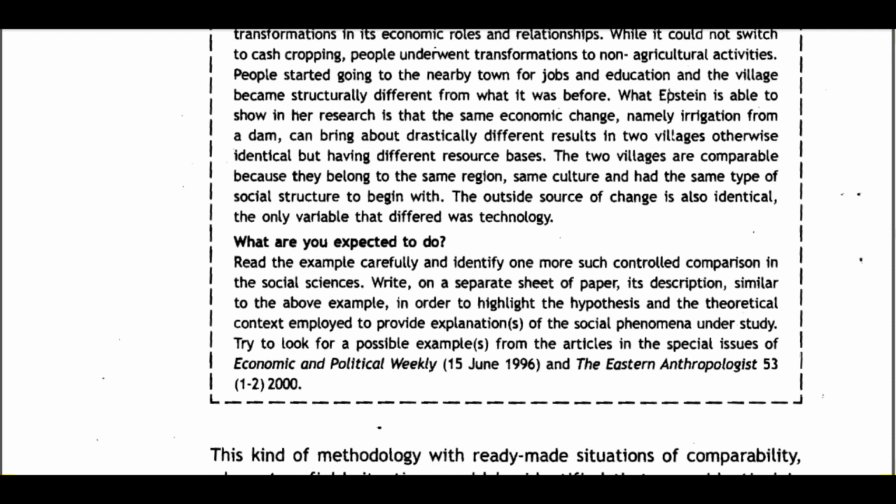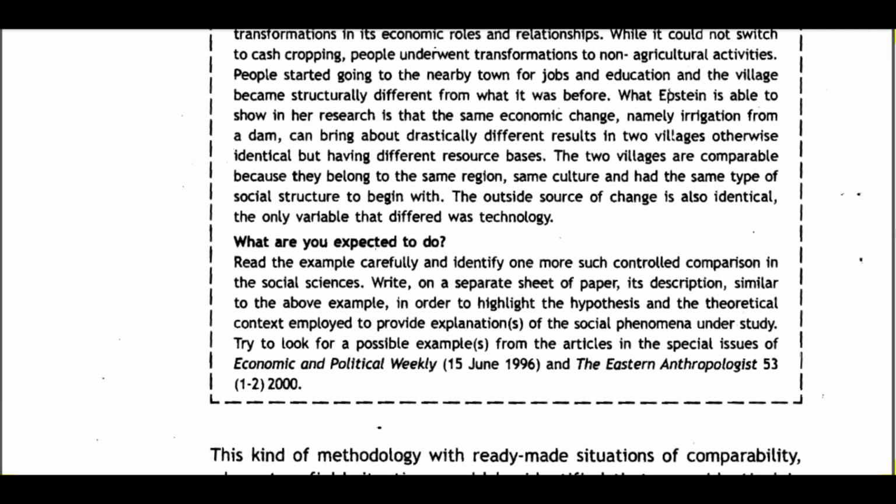What Epstein is able to show in her research is that the same economic change, namely irrigation from a dam, can bring about drastically different results in two villages otherwise identical but having different resource bases. The two villages are comparable because they belong to the same region, same culture, and had the same type of social structures to begin with. The outside source of the change is also identical. The only variable that differed was technology.